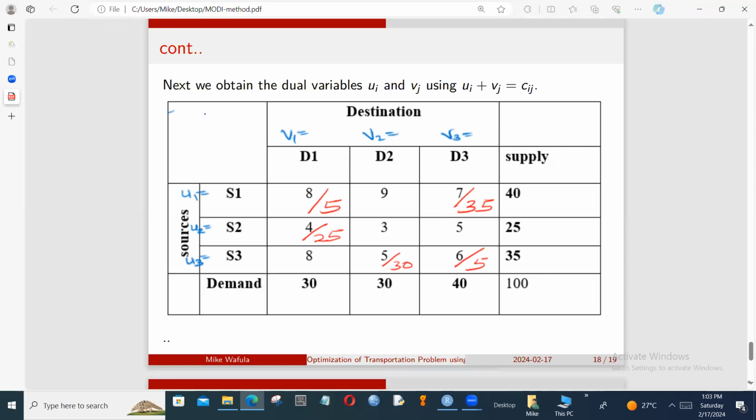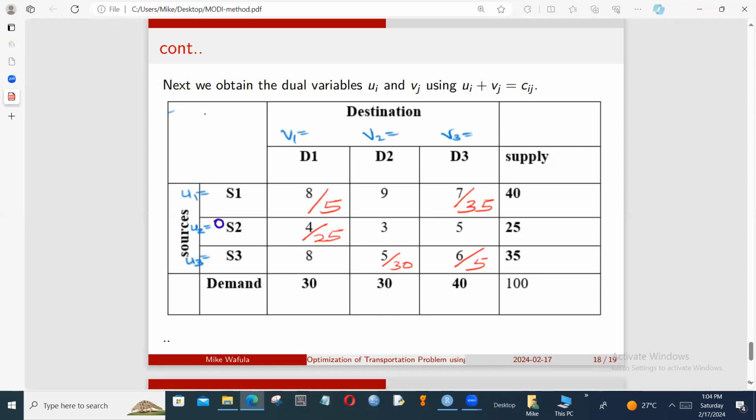U1 the other time we assigned 0. We can assign it any figure, even 1 or 2, it's not bad. Use 0. Okay, so let's assign U2 0. So let's begin now.